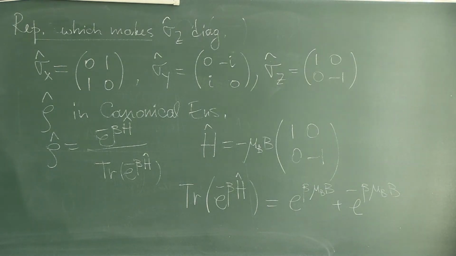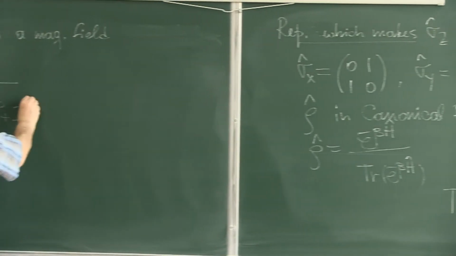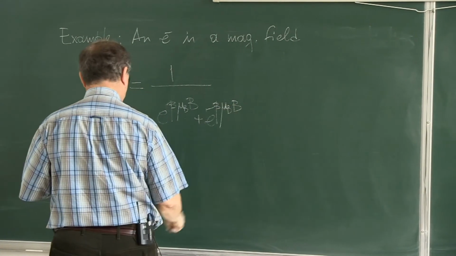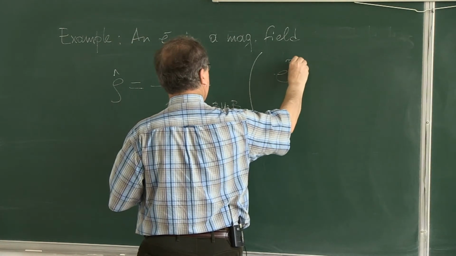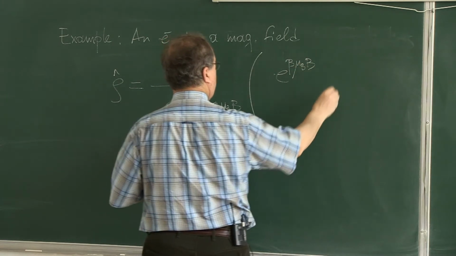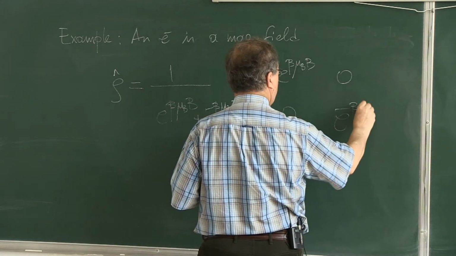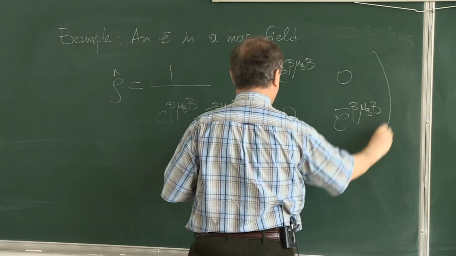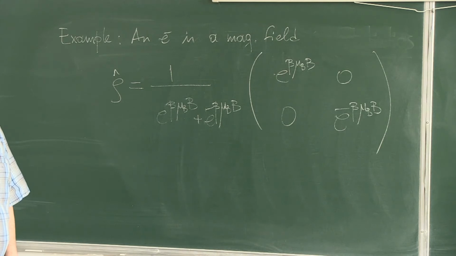So the density matrix has the following form, over e to the beta mu B plus e to the minus beta mu B. Matrix form, that's also diagonal: e to the beta mu B positive, zero non-diagonal elements, e to the minus beta mu B. Okay?